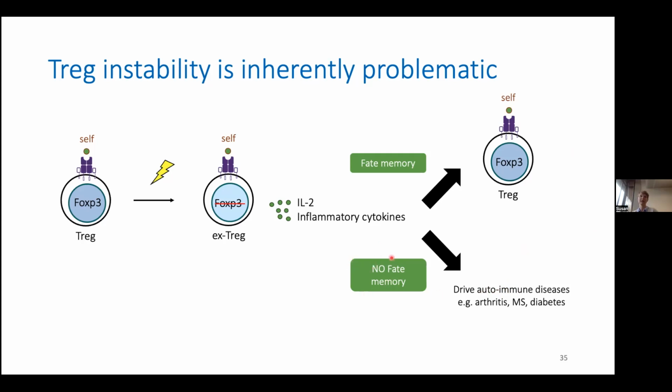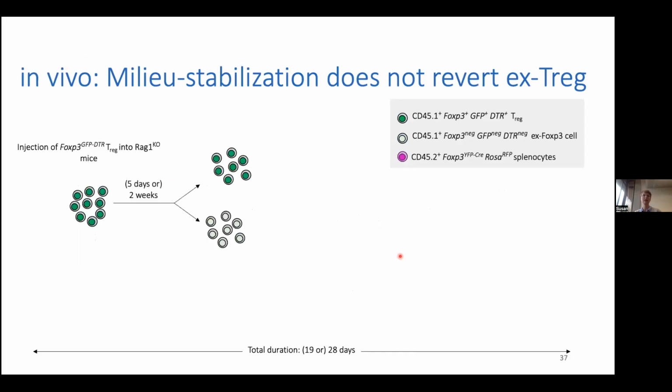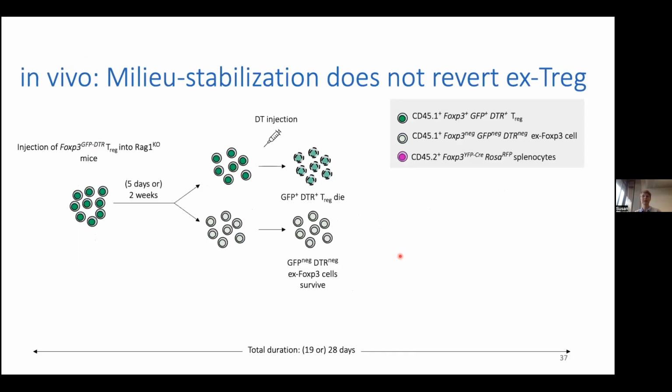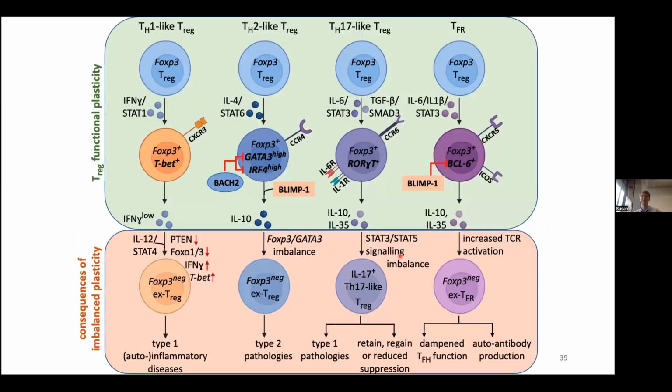So at least in our model, and that must be tested in other models as well and confirmed, the X-Treg seem to lose Treg fate memory quickly and for good. We've tested this in vitro and in vivo with the exact same results. I'm just going to skip over this. Voila.